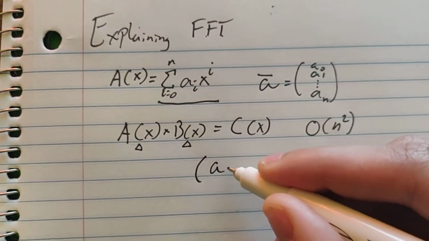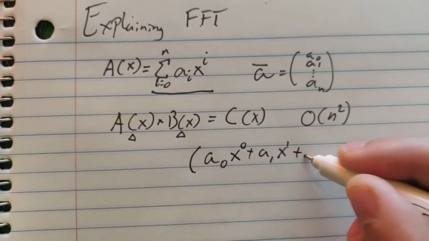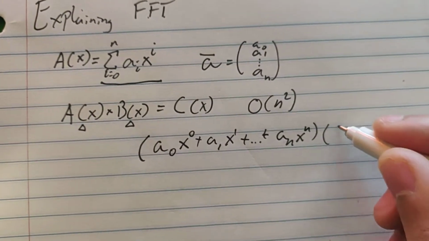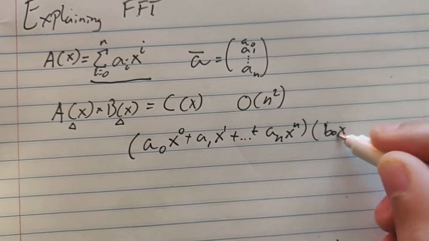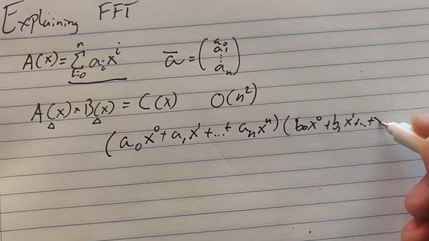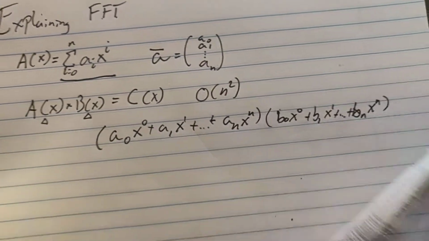If you write this out, you're going to get a0 x^0 plus a1 x^1 plus ... plus an x^n, and then b0 x^0 plus b1 x^1 plus ... plus bn x^n.